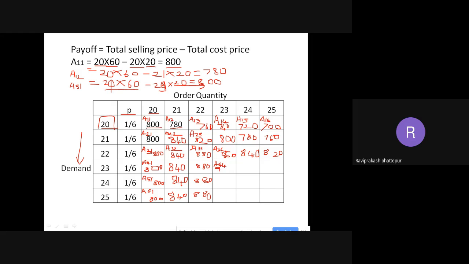Correct. Again, at the bottom, I am buying 23, but the order is of 24. So the maximum I can sell is 23 only because I am having 23 only. So this 920 remains the same.